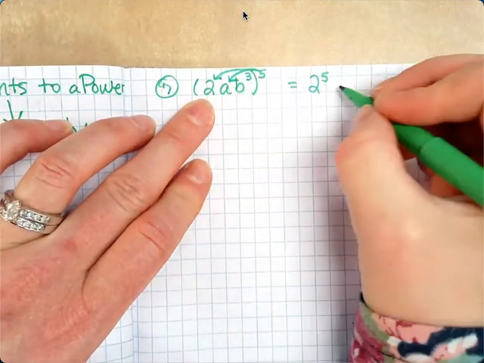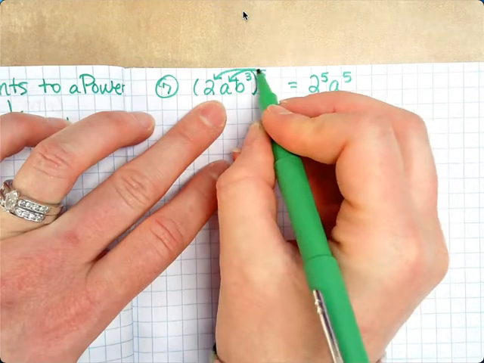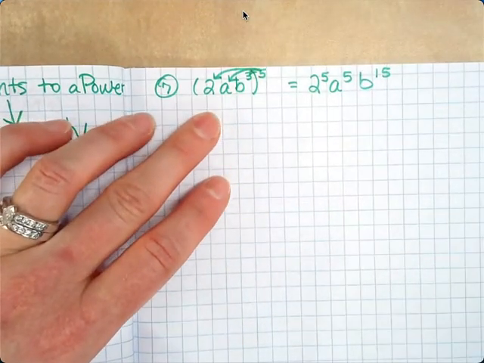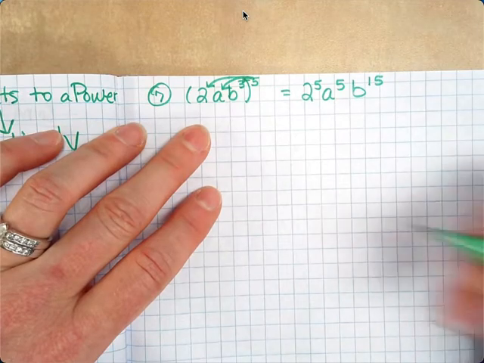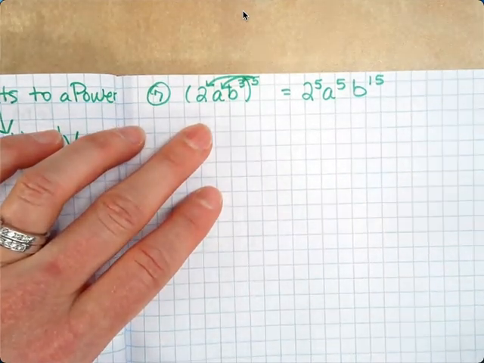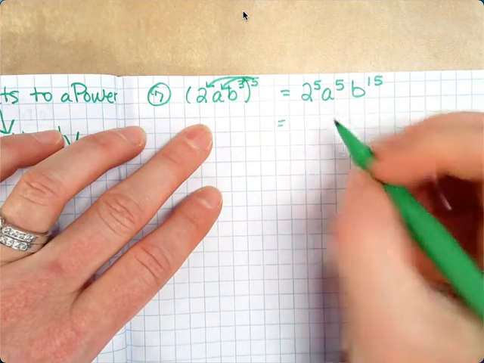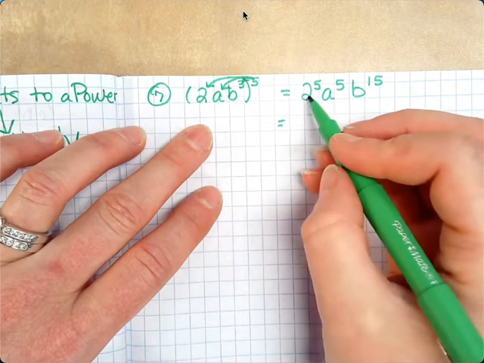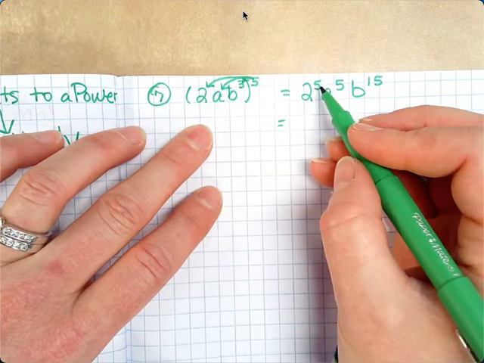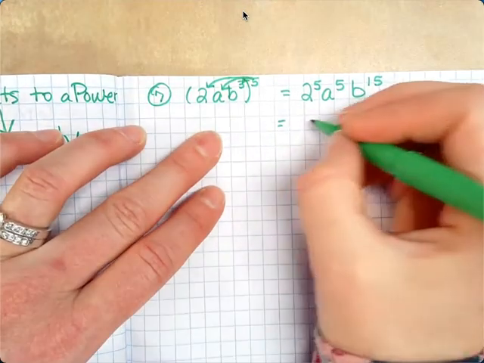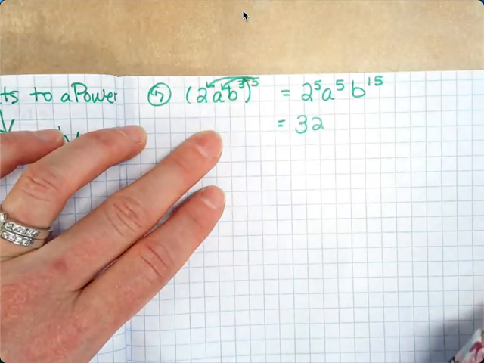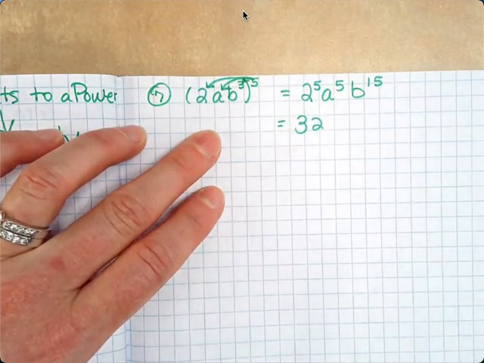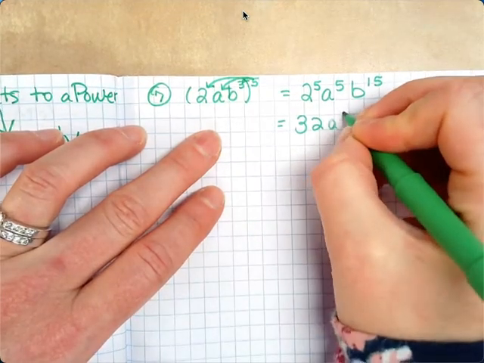A to the fifth and B to the 15th. And let's go ahead and take that constant and find out what 2 to the fifth is. What is it? 25. No, 2 to the fifth. Oh. What'd you say? 32. 32. Yeah. That's what we found earlier, remember? It was 2 to the sixth was 64, so half of that is 32. A to the fifth, B to the 15th.